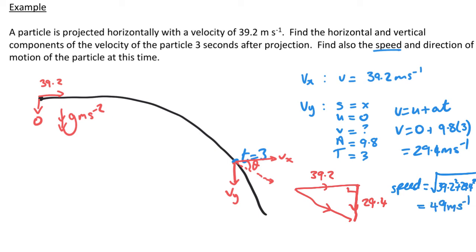We also need to work out the angle to the horizontal, and for that we can use tan. So tan theta is the opposite over the adjacent, so 29.4 over 39.2, so then theta is going to be 36.9 degrees to the horizontal.